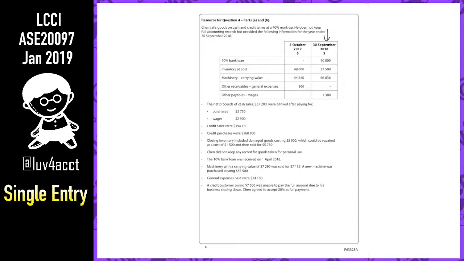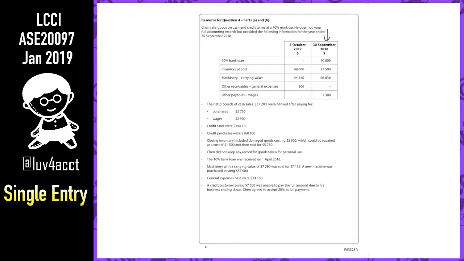So Chen sells goods on cash and credit terms at a markup of 40%, does not keep full accounting records. This is for the year ended 30th September. Opening and closing balance, 10% bank loan. We have to see when this loan is made and whether we have any loan interest payment accrued. Usually yes.